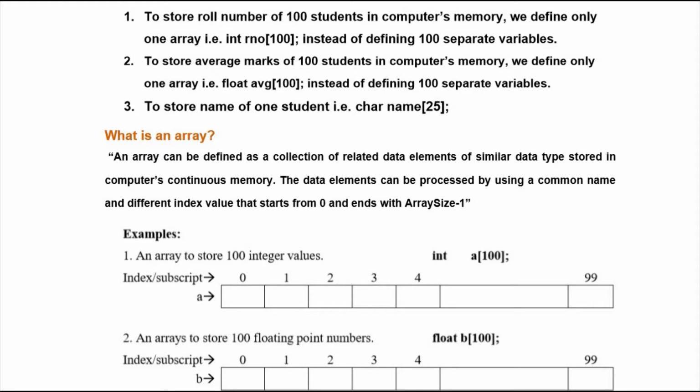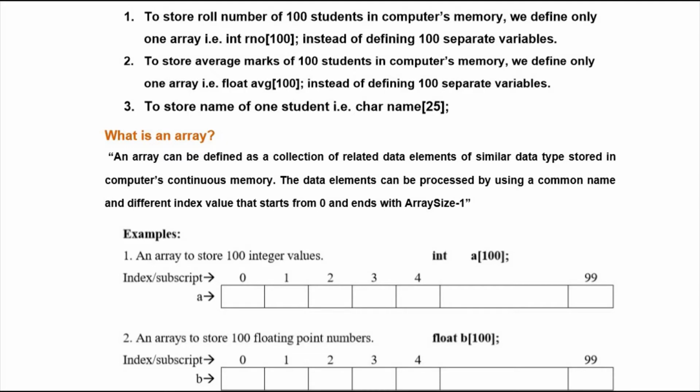Okay, so let's see one example. An array to store 100 integer values. Always remember, all the elements of an array should be of the same data type. So I am going to declare an array called A. This array is going to store 100 different integers, so I have to declare the size of the array as 100. What type of data is it going to store?